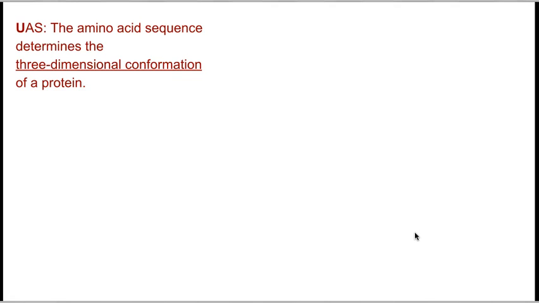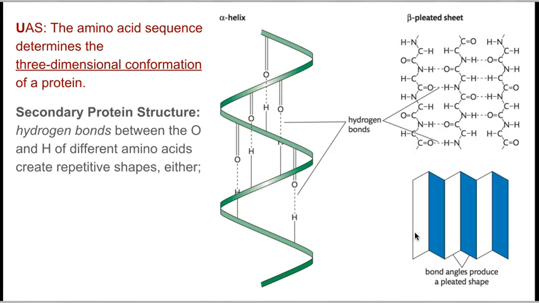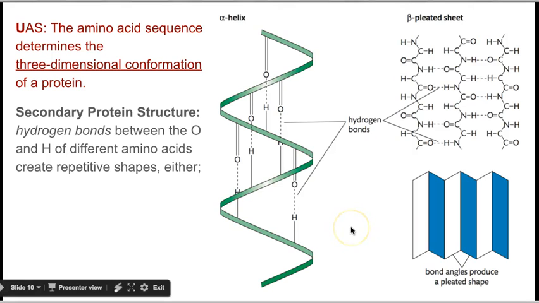Okay, now this basic amino acid sequence determines the three-dimensional conformation, or shape, of a protein. And we can see here, this relates to our secondary level of protein structure. So, secondary protein structure: the hydrogen bonds between the O and the H of different amino acids create repetitive shapes.